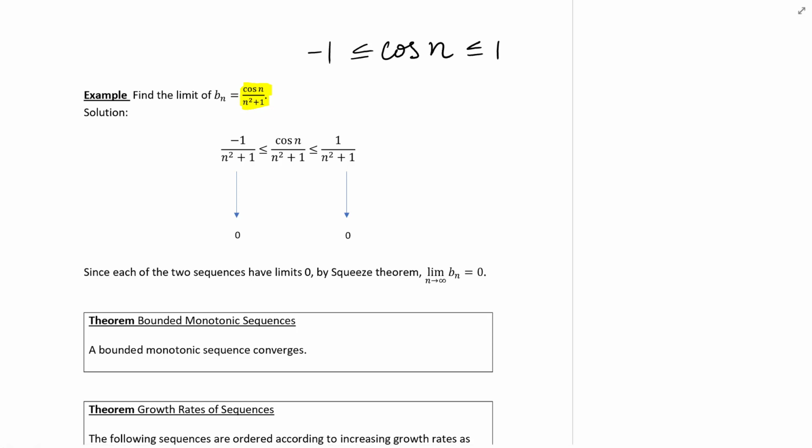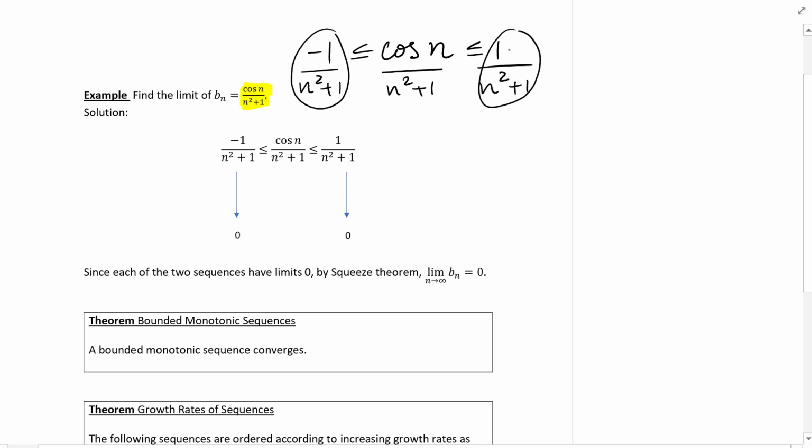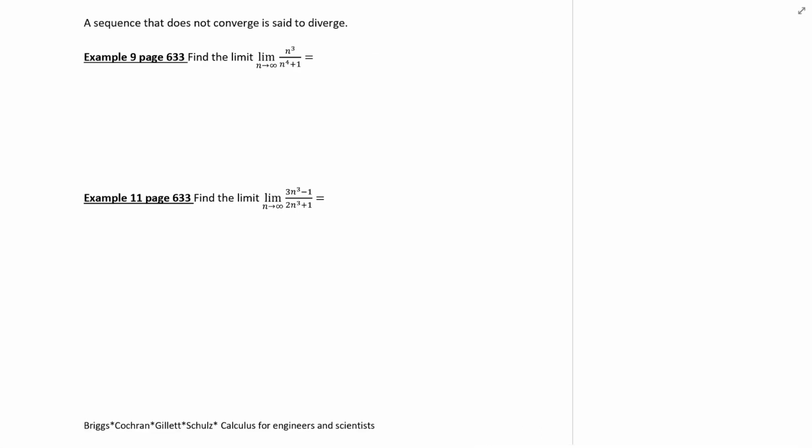So if we divide by n squared plus 1, which is not equal to 0, then we notice that this one is approaching 0, this one is approaching 0 as n is approaching infinity, so this one must approach 0 as well. And let's quickly calculate these two limits.